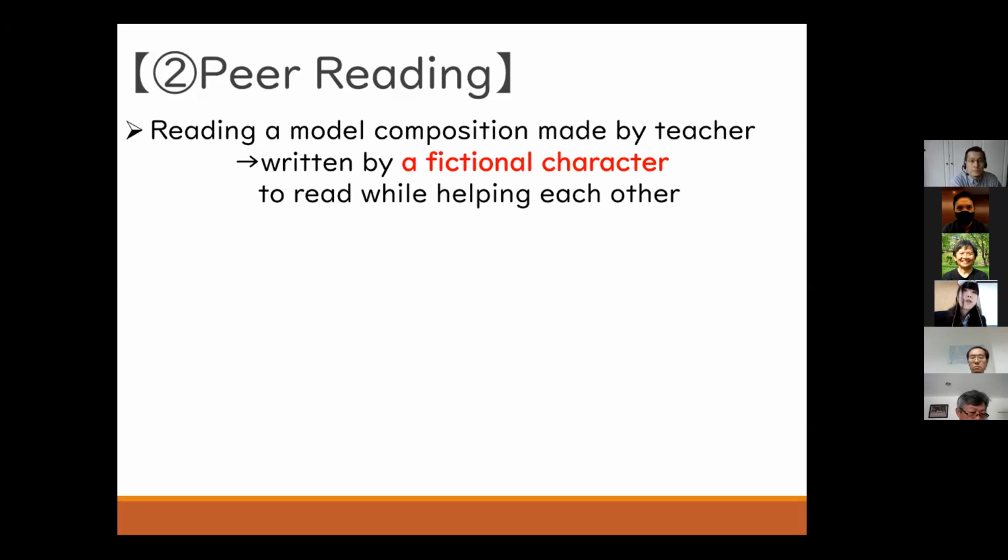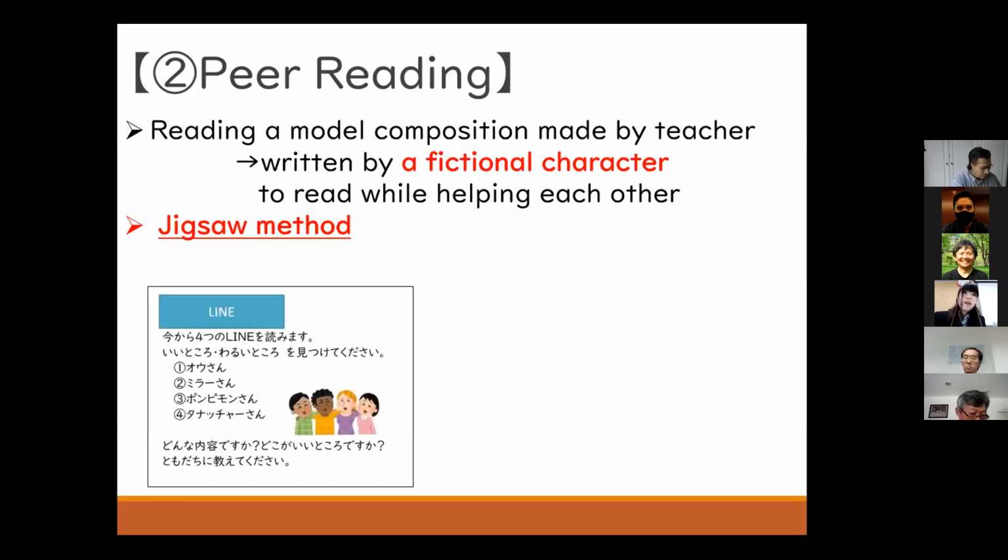And then the students read the model essays, helping each other with the jigsaw method. This is an example view graph.